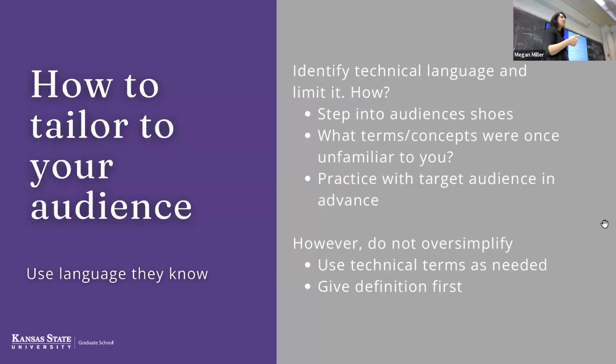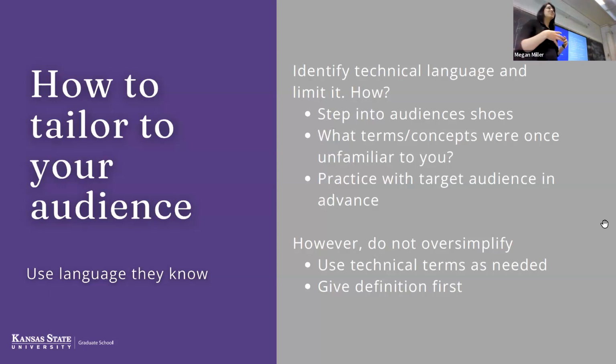Another way to think about it is if you can step back into your own shoes, go back in time and think about when you first got into your area of study as a grad student, or if you're in the same field that you were in as an undergrad. There were certainly some terms and concepts that you had to get familiar with, right?